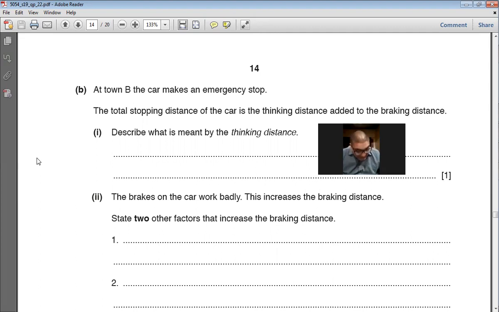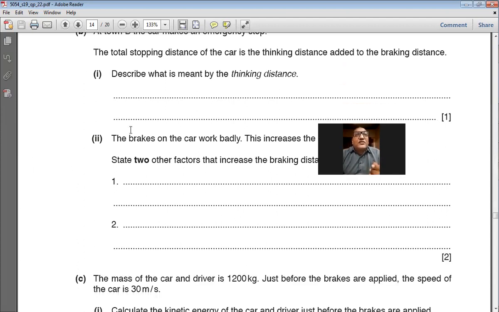Or you can say it like this: the distance traveled by the car when the driver sees an obstacle and his feet go to the brake pedal, during watching an obstacle and putting the feet on the pedal, that is known as the thinking distance, or the distance covered in the reaction time of the driver. Okay, so let me check the other two parts also.